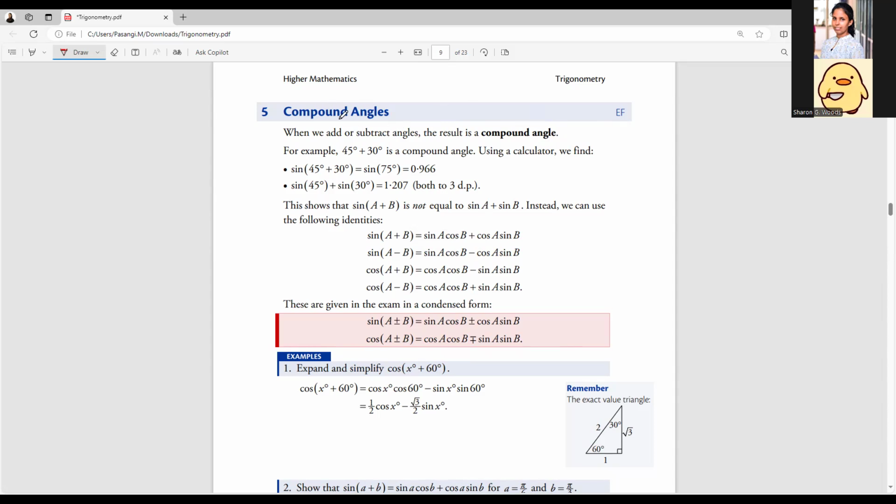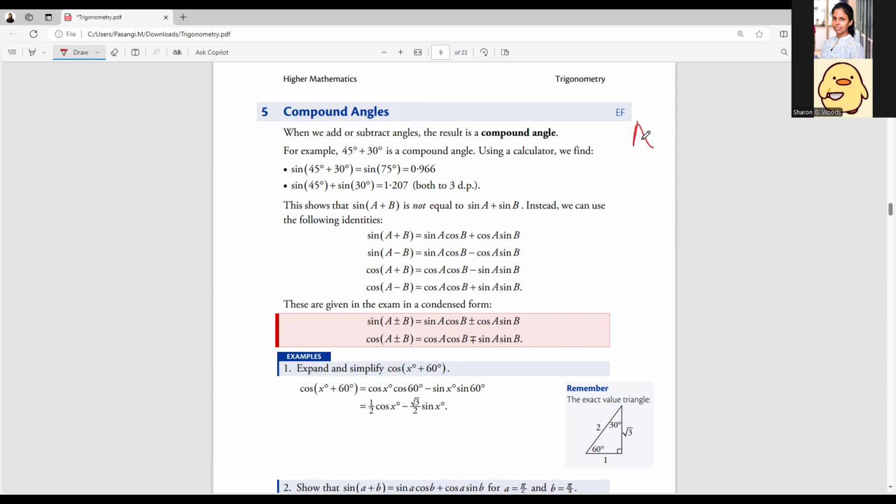Compound means we can't have just one; it would be a combination. The minimum number of angles would be 2. It can be 2 or more. Compound means all combined together. When we add or subtract angles, the result is a compound angle.